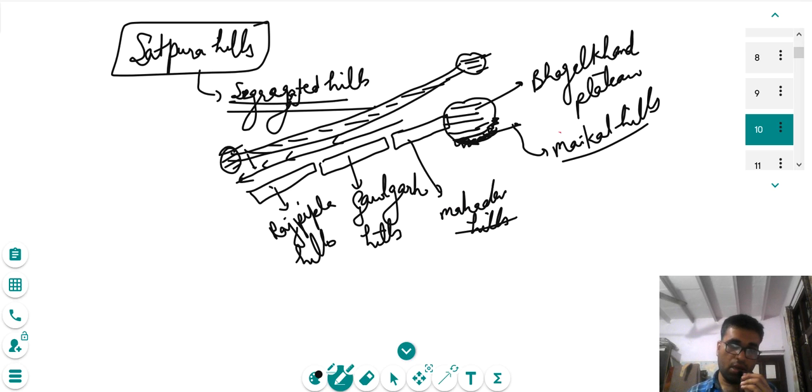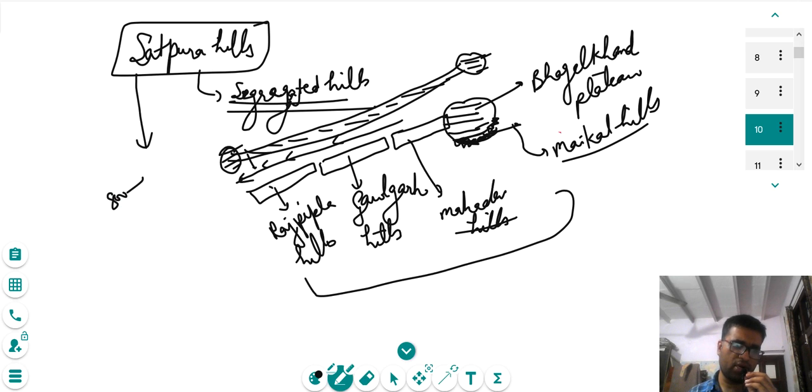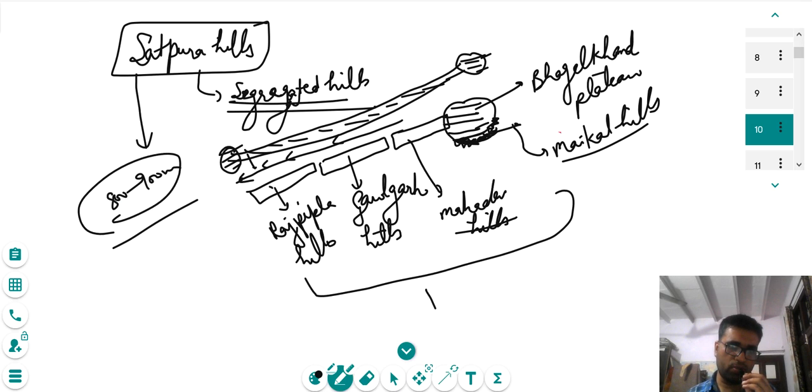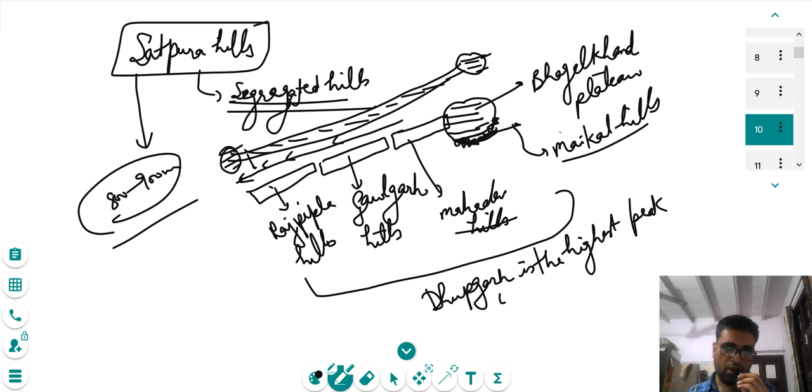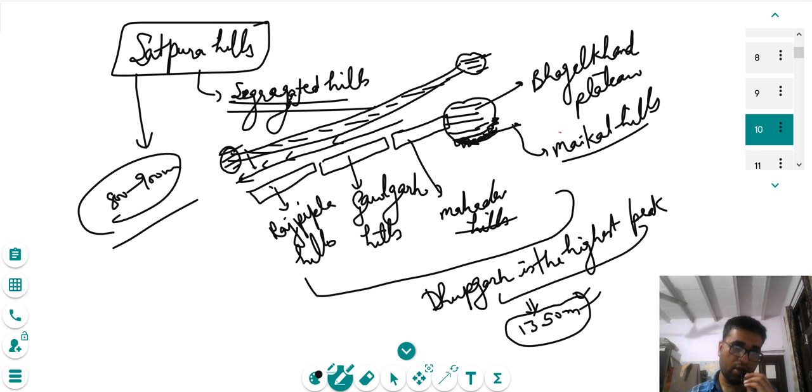Okay, and Dhupgad, if you see the height of these Satpura ranges, it is from 800 to 900 meters average height, and the highest peak is Dhupgad. Dhupgad is the highest peak, right? And Dhupgad height is 1350 meters above sea level, right?